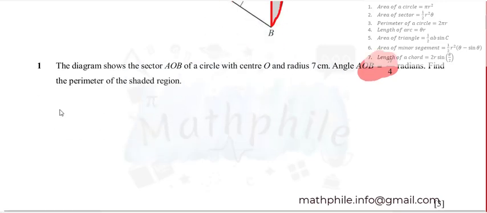So I can say that the perimeter of the shaded region, let me change the ink, is going to be equal to the length of chord plus arc length.